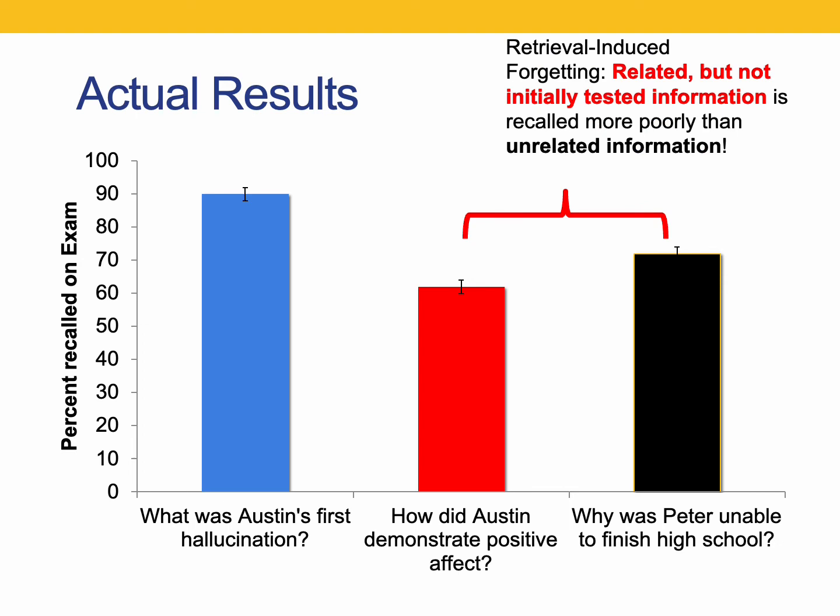So again, the researchers found evidence of retrieval-induced forgetting: related but not initially tested information is recalled more poorly. So people actually found it harder to remember the other questions from the passage about Austin than they did to remember any of the questions about Peter.